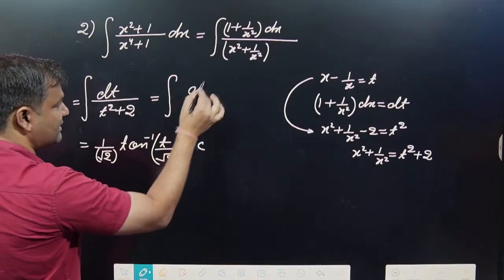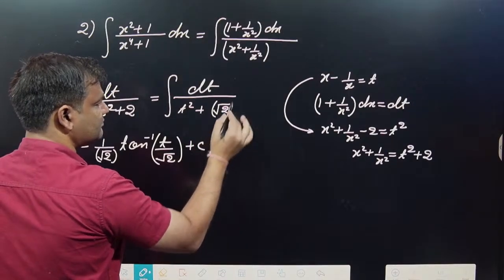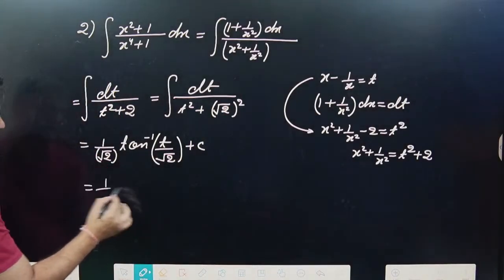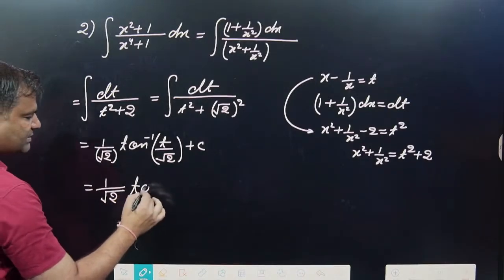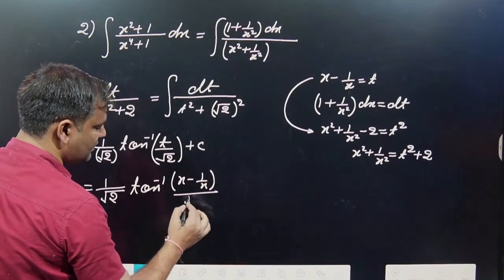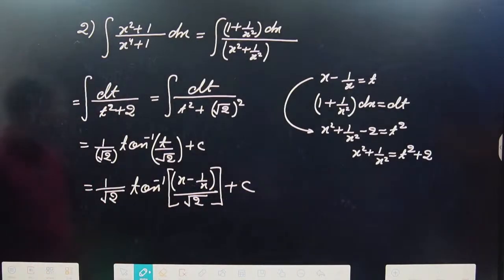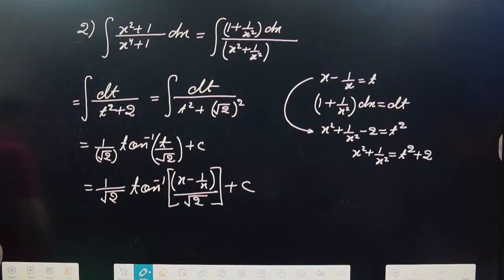So it is 1 upon root 2 tan inverse of (x minus 1 upon x) upon root 2, plus c. I hope it is clear.